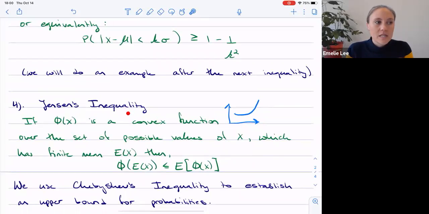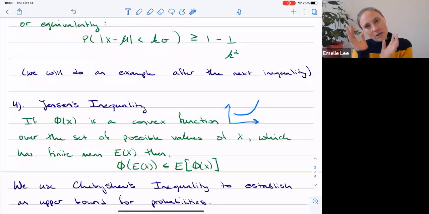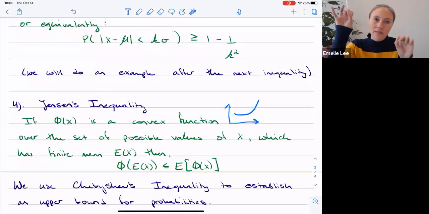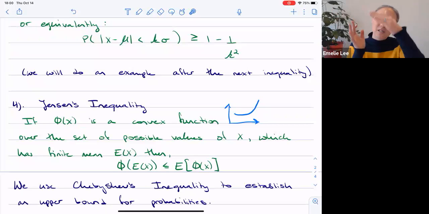Jensen's inequality is another one of those inequalities that we're just going to mention, and then we're going to parking lot it until we need it. So the one to focus on from this section is definitely going to be Chebyshev's inequality. But if phi, the Greek letter phi, of x is a convex function, so convex functions look like this, where if you connect any 2 points on the curve, then that line is always going to be above the function.